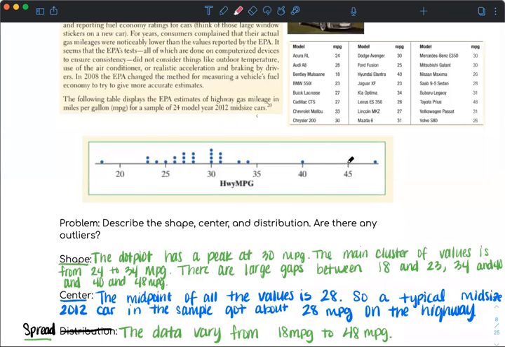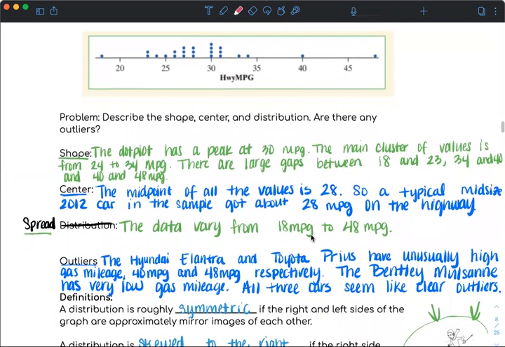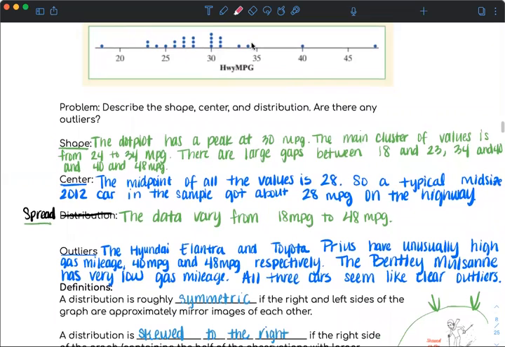We have a dot plot that they provided for us with all these data values. They spaced it out by 5, they labeled it, and notice how they're evenly spaced. That's really important with the dot plot. And so we can describe the shape, center, spread, and any outliers, similarly to what we just talked about.